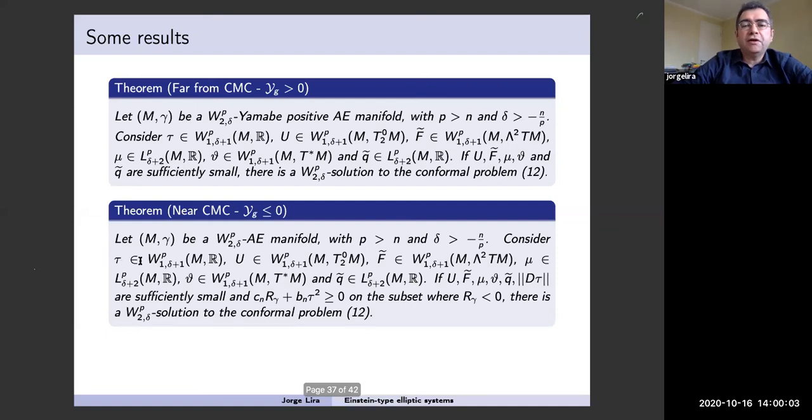You have all the data, but this time these are small. Then in this case, you also have the solution for the conformal problem. That means you can solve the initial value equations, and then guarantee that there exists, at least for a short time period, a solution for the Einstein-Maxwell field equations.